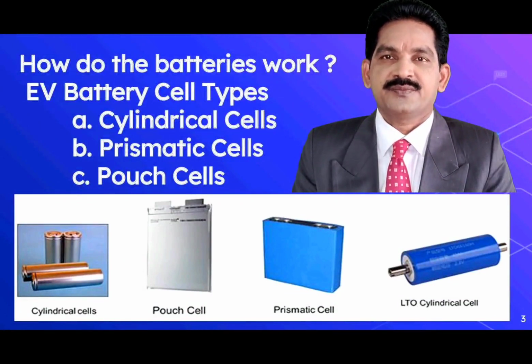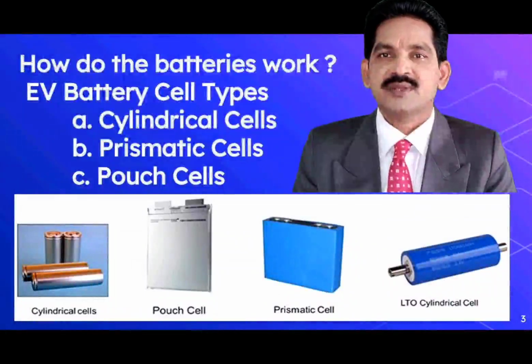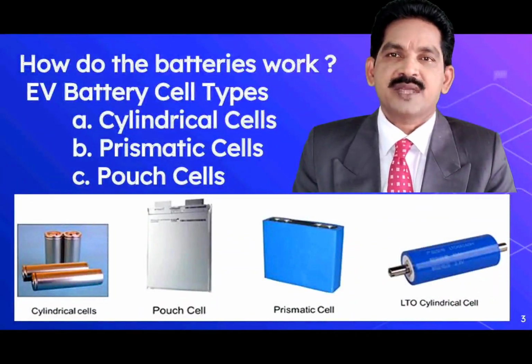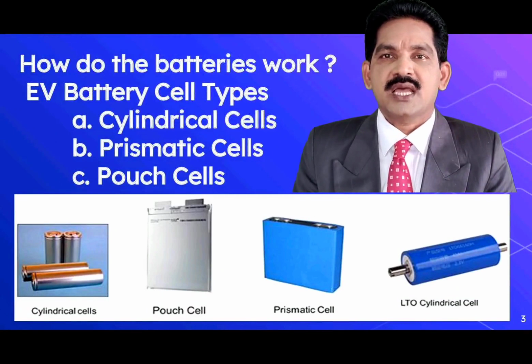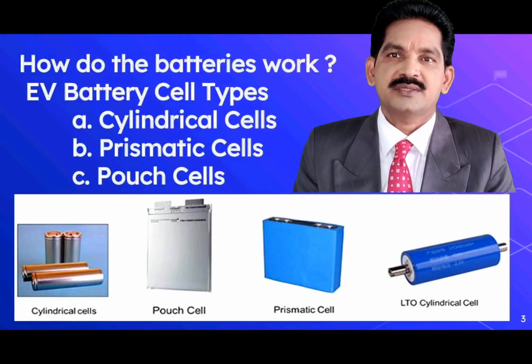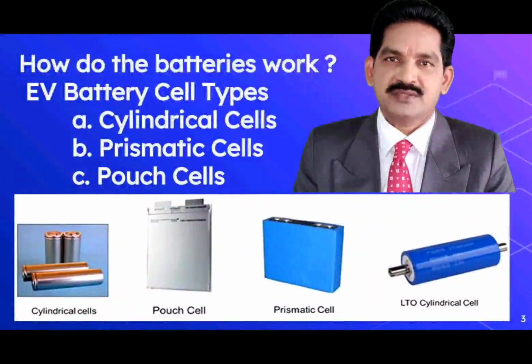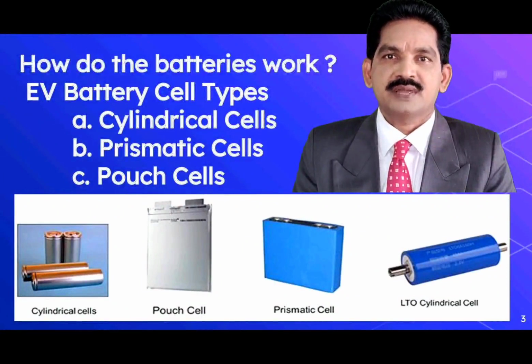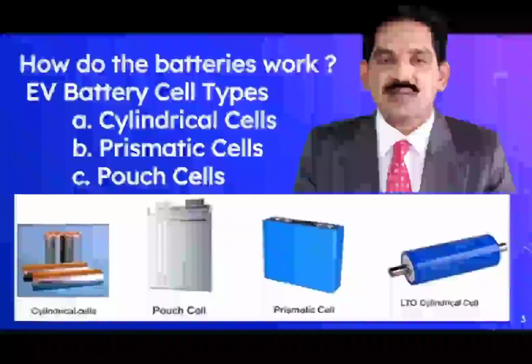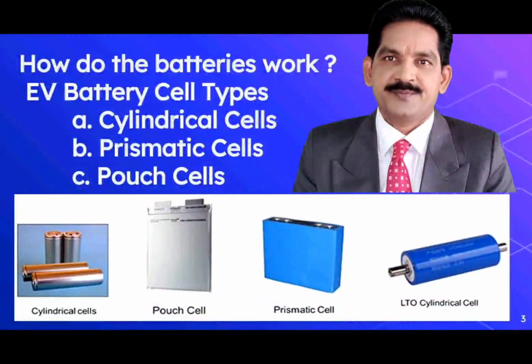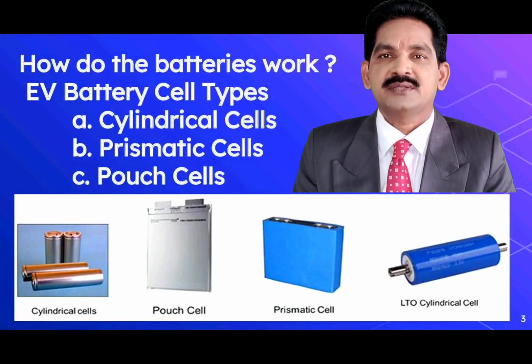So coming to cylindrical cells. Cylindrical cells are the least expensive format to manufacture because they are already self-contained in a casing that offers good mechanical resistance. The technology is not only cost efficient, but it is also mature, making the format easy to manufacture.